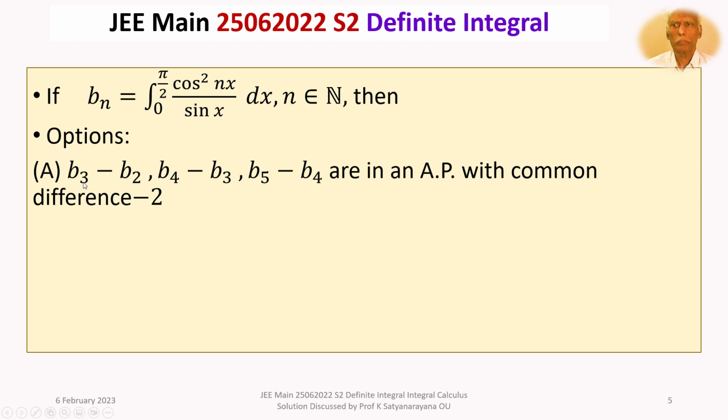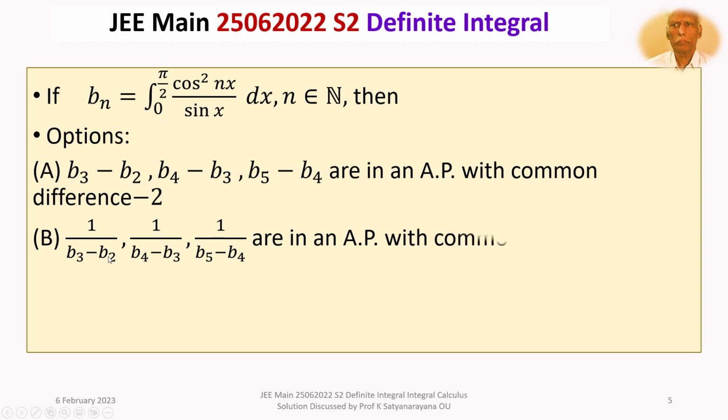Option A: b3 minus b2, b4 minus b3, b5 minus b4 are in an arithmetic progression with common difference minus 2. Option B: 1 by b3 minus b2, 1 by b4 minus b3, 1 by b5 minus b4 are in an arithmetic progression with common difference 2.